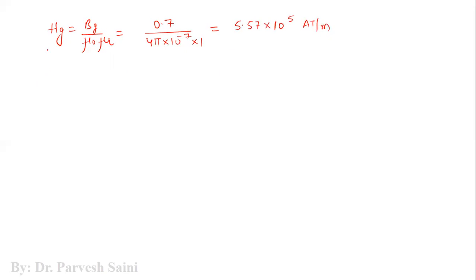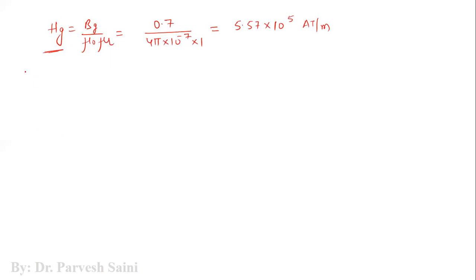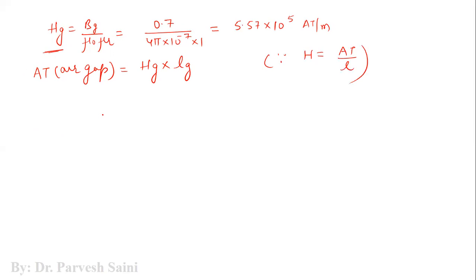Now, having obtained Hg, we can calculate the ampere turns of the air gap. The ampere turns of air gap are equal to Hg into Lg, because H is equal to AT by L. The magnetizing force is the ratio of the ampere turns, which is nothing but the magnetomotive force, MMF, and L is the mean length of the magnetic circuit.